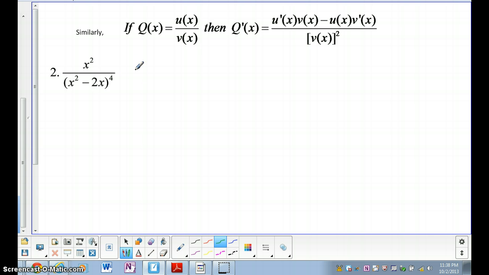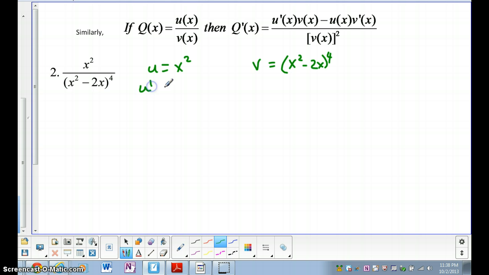But let's just show one more problem using the quotient rule, and we have our x squared divided by our x squared minus 2x to the 4th power. So our u in this case is x squared, and our v is x squared minus 2x to the 4th power. We're going to go ahead and use this one so you can get a sense how that one works. They're equivalent, the two formulas.